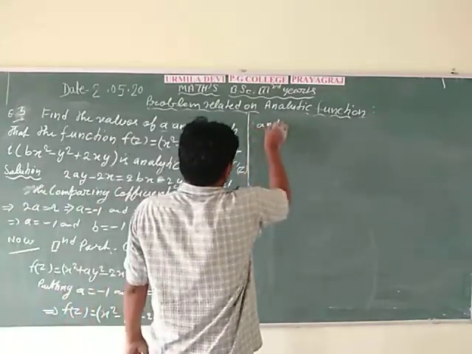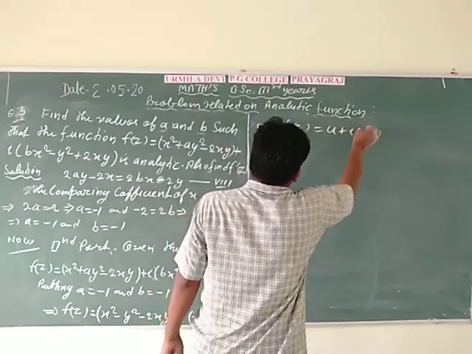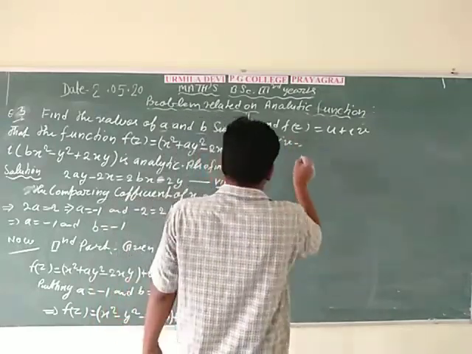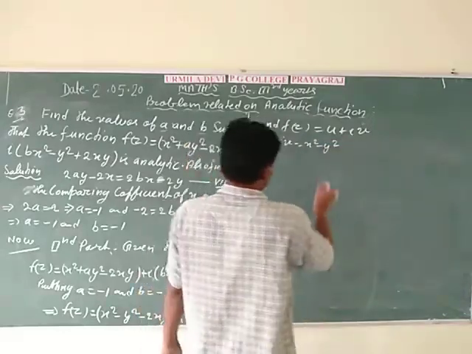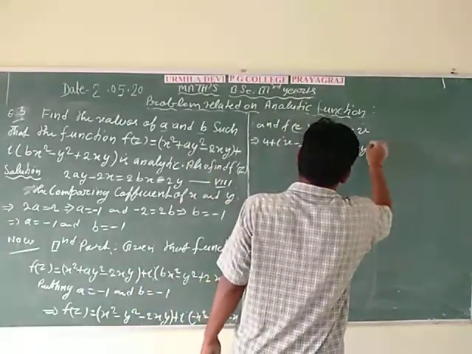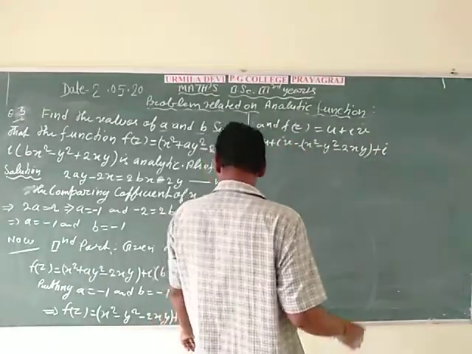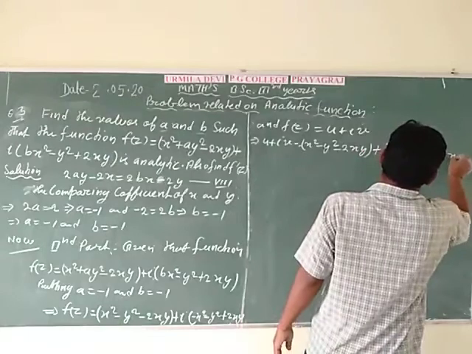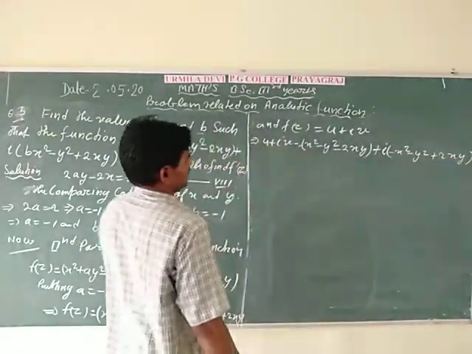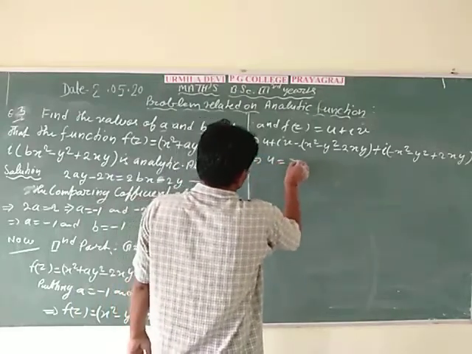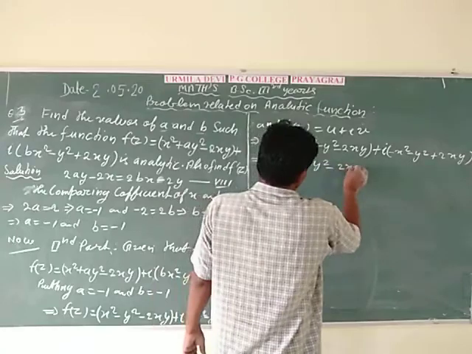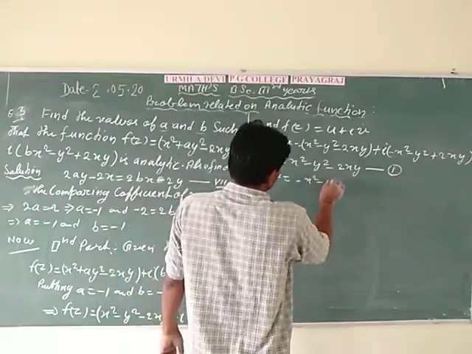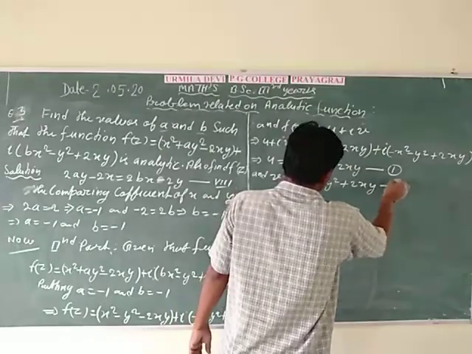Putting f(z) is equal to u plus iv, therefore u is equal to x square minus y square minus 2xy, the first equation, and v is equal to minus x square minus y square plus 2xy, the second equation.